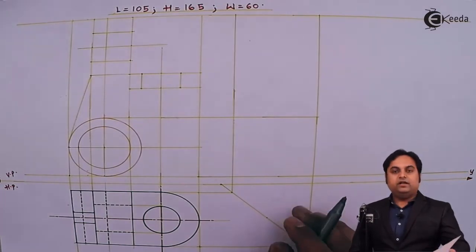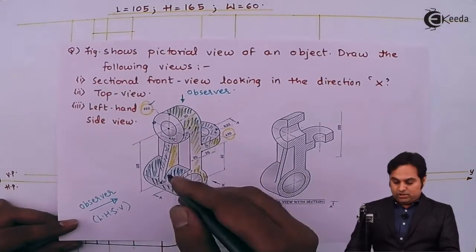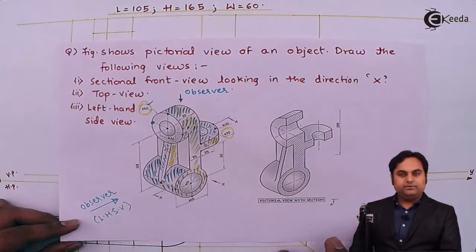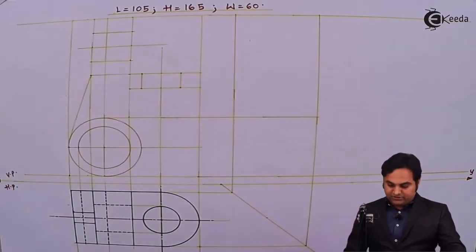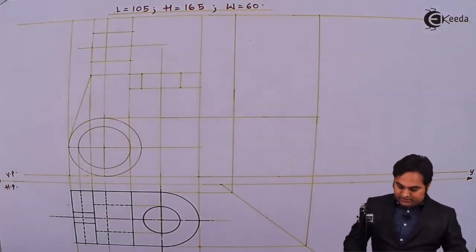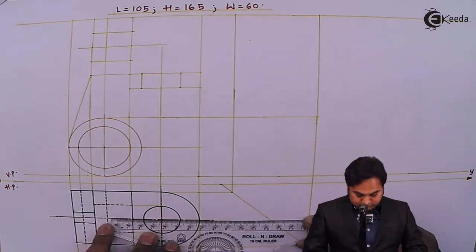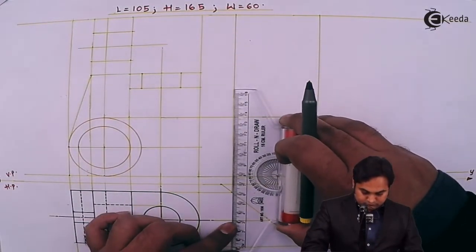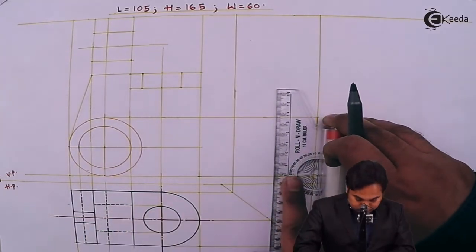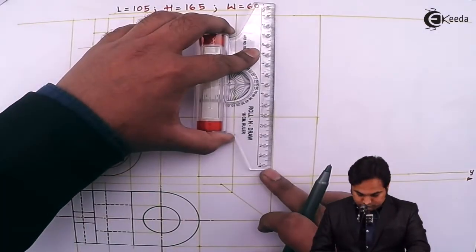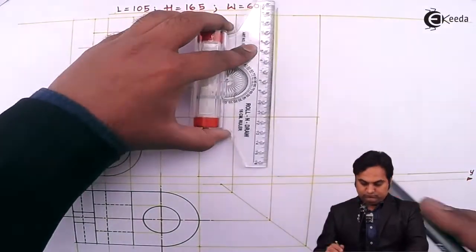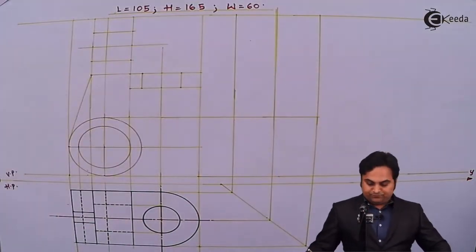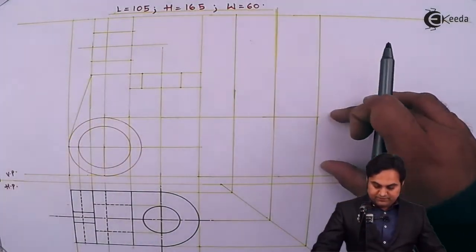Next, when I am looking from side, along this center line the object is completely symmetric, so I will be projecting the center line in the side view. Next, the height of the cylinder has been projected.